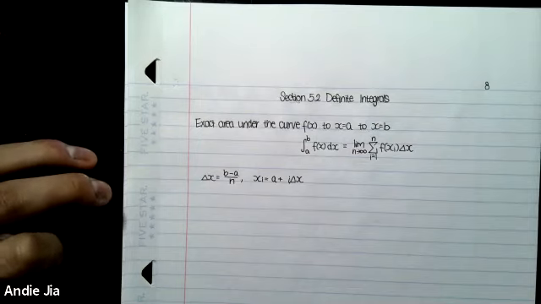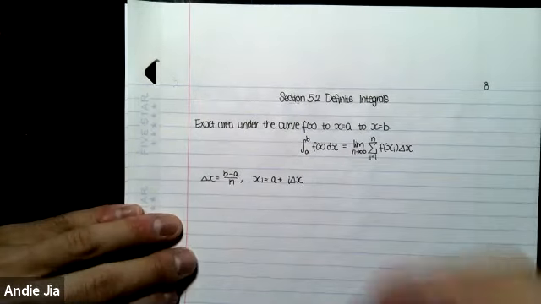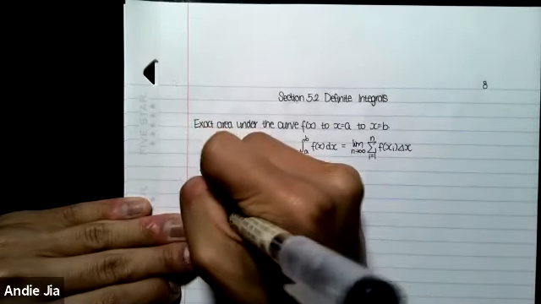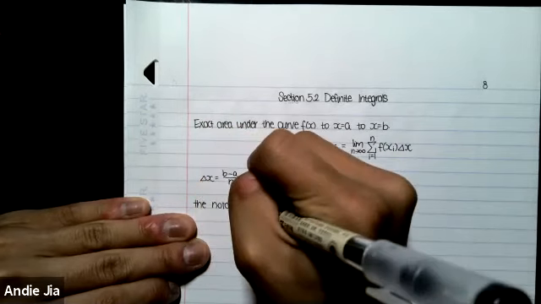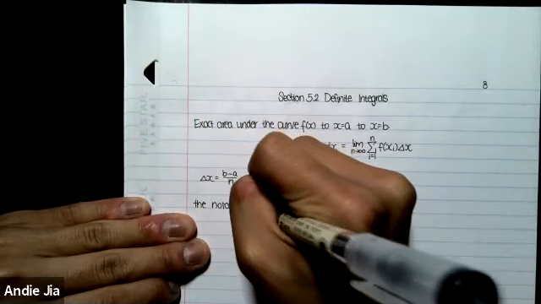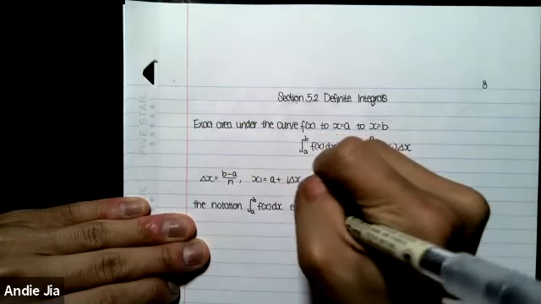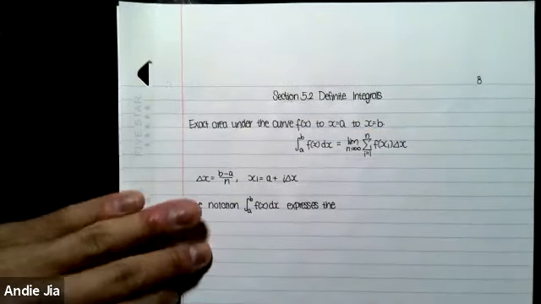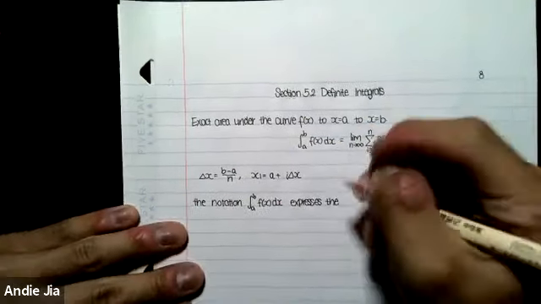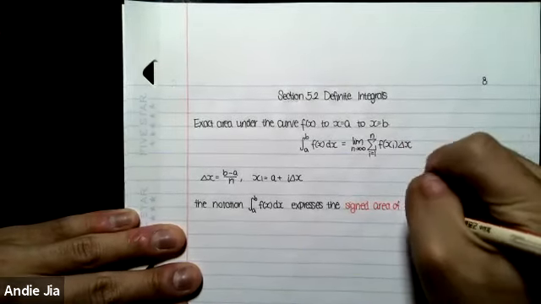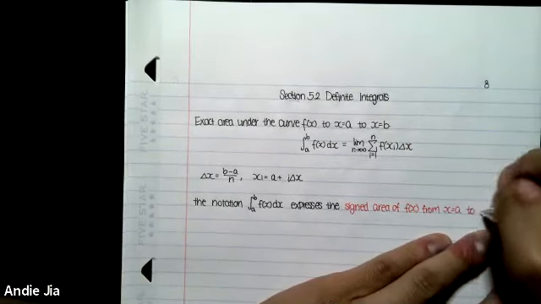Here's the thing: it is the signed area under f of x from x equal to a to x equal to b.